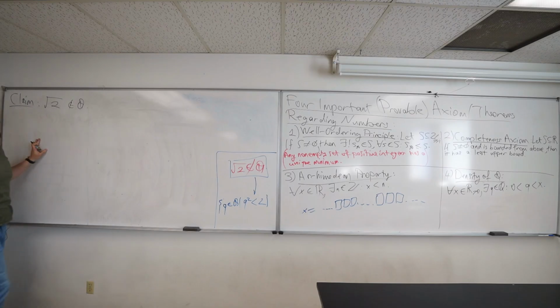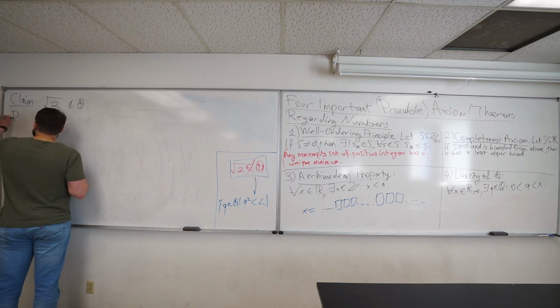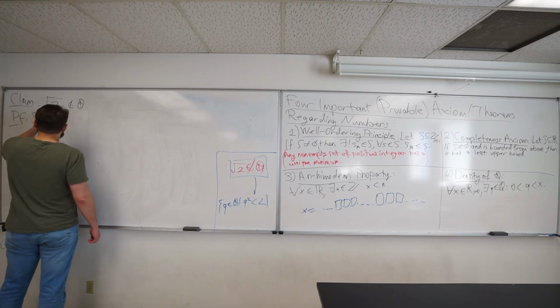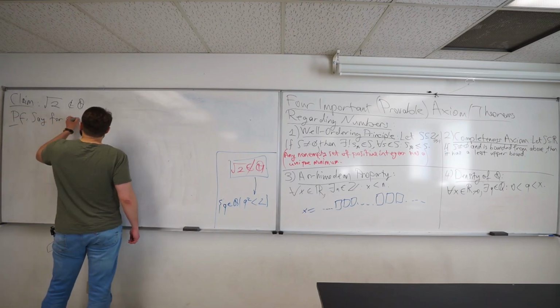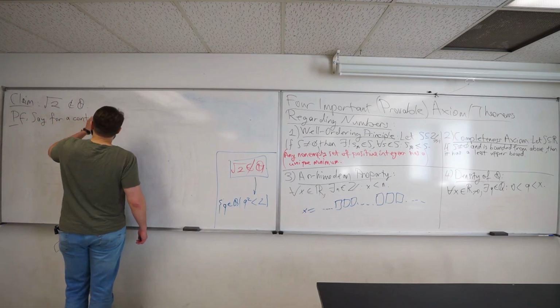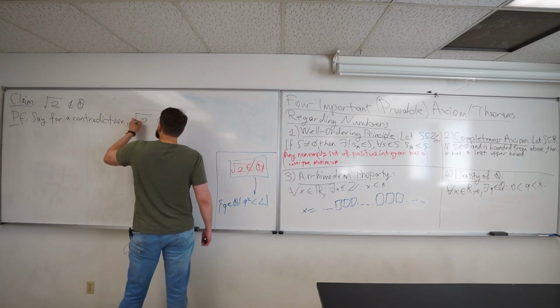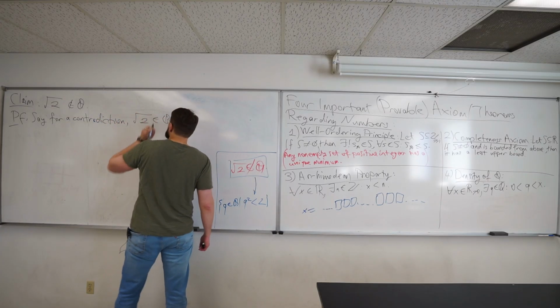Root 2 is not a rational number. The standard proof of this goes by proof by contradiction. You say it is, and you get into some complications. Let's say for a contradiction that root 2 is indeed in the rationals.